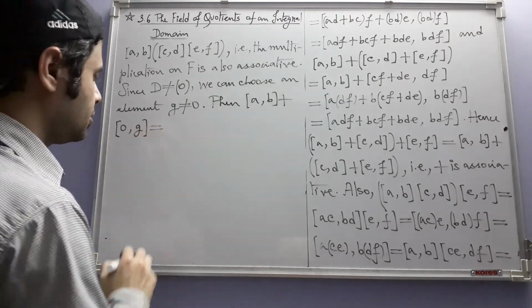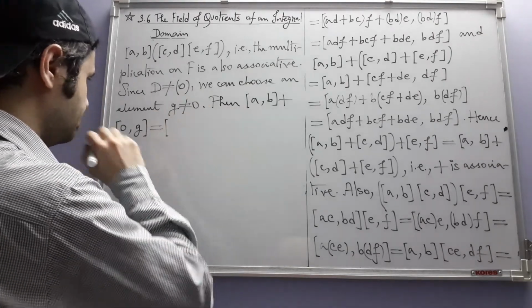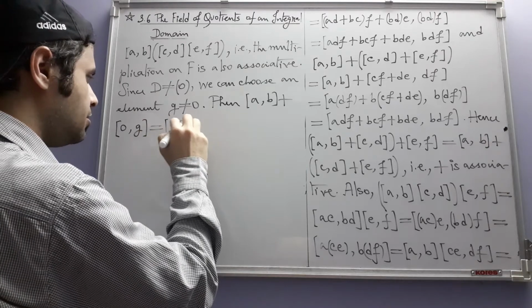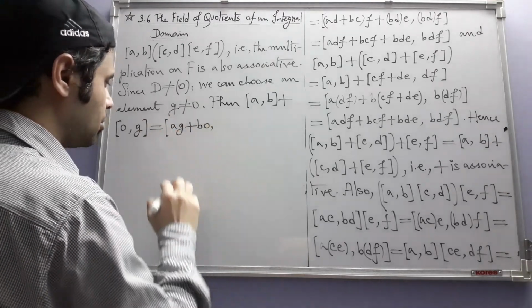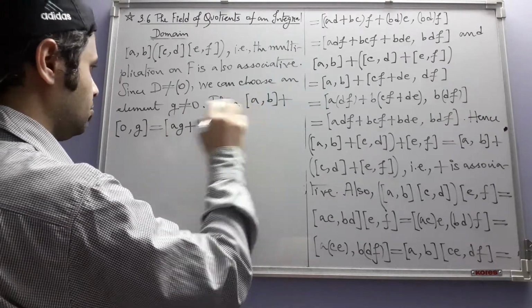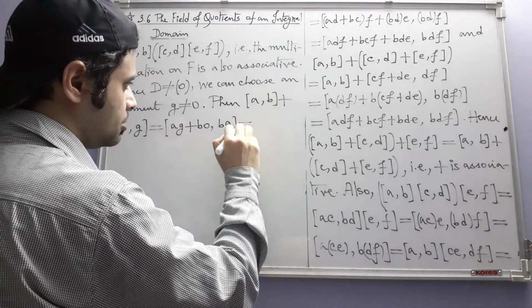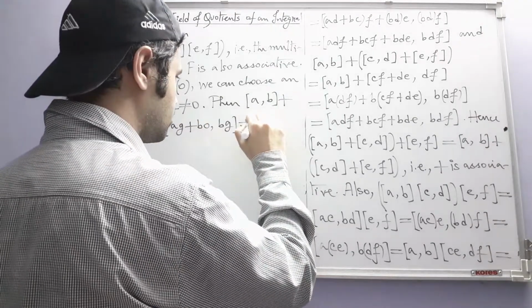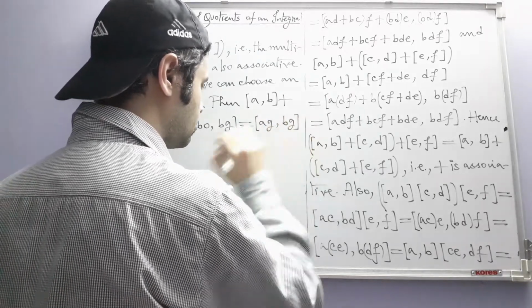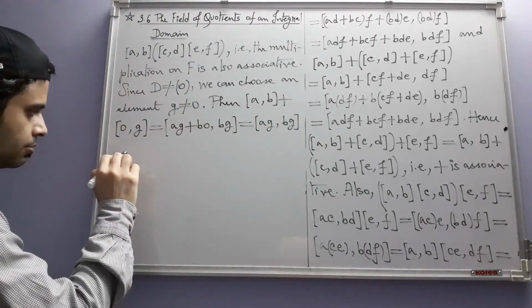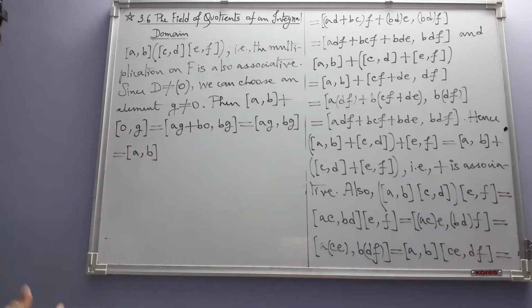This by definition is equal to what? (ag plus b0, bg), which is equal to (ag, bg), and that is equal to (a, b). Why?